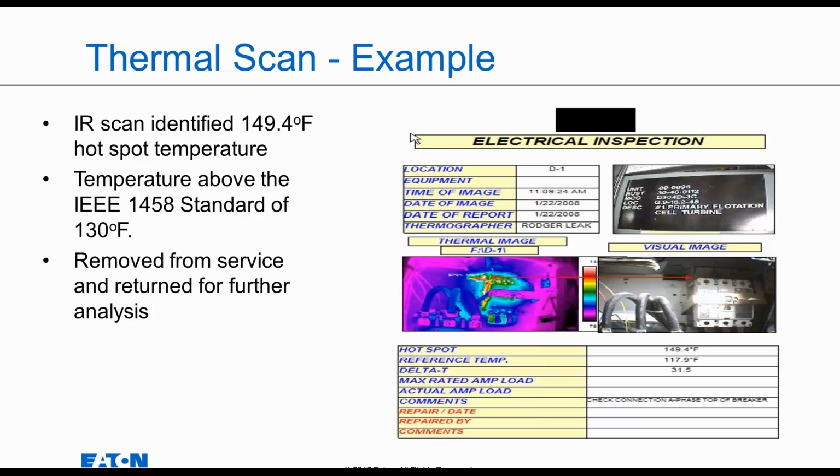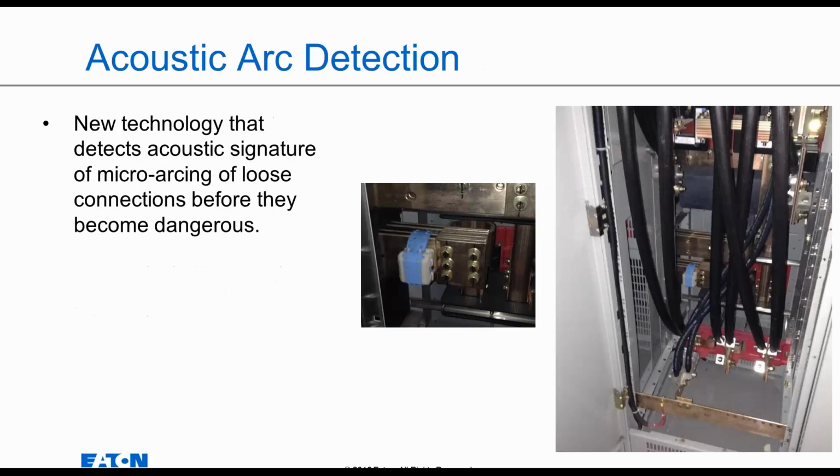The breaker was removed from service and sent for further diagnostics. That was the problem, but you just can't see that with the naked eye looking at the breaker. Acoustic arc detection is a new technology that's coming into use in the future, with a device like this mounted on the bus bar that's looking for the acoustic signature of micro-arcing inside that gear.